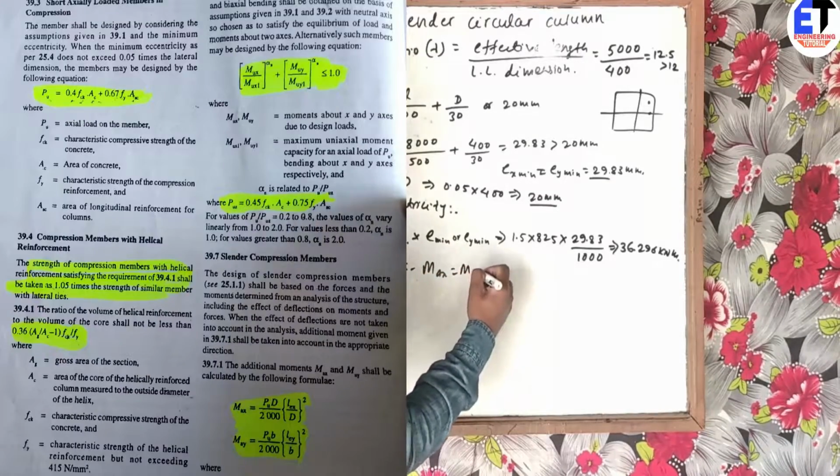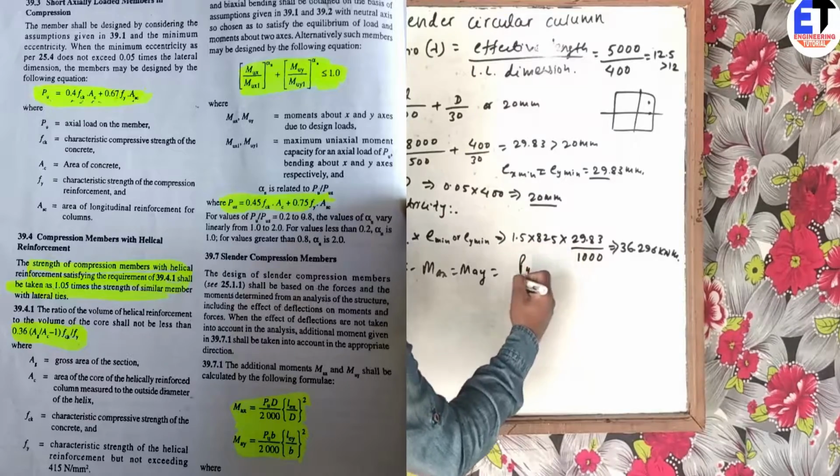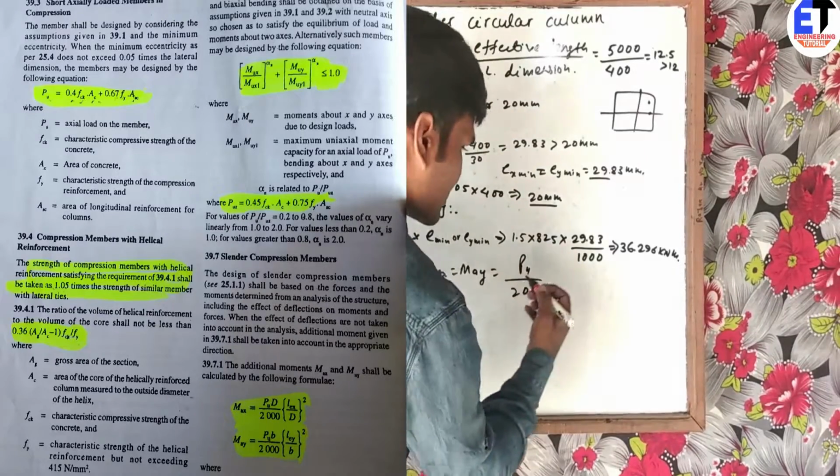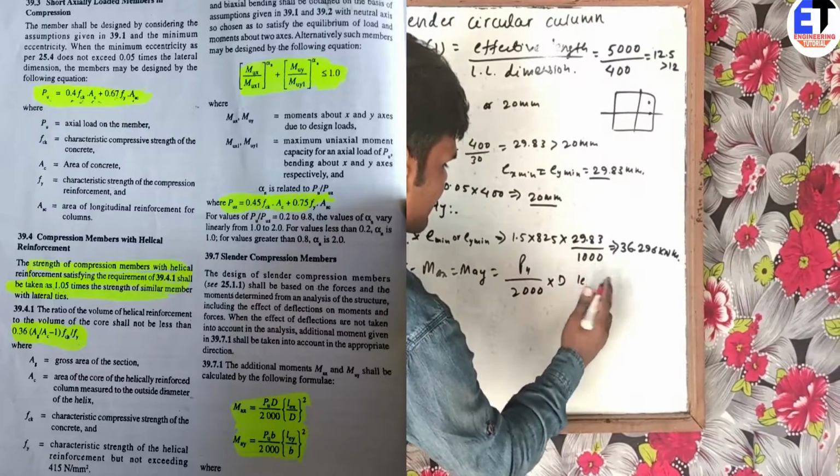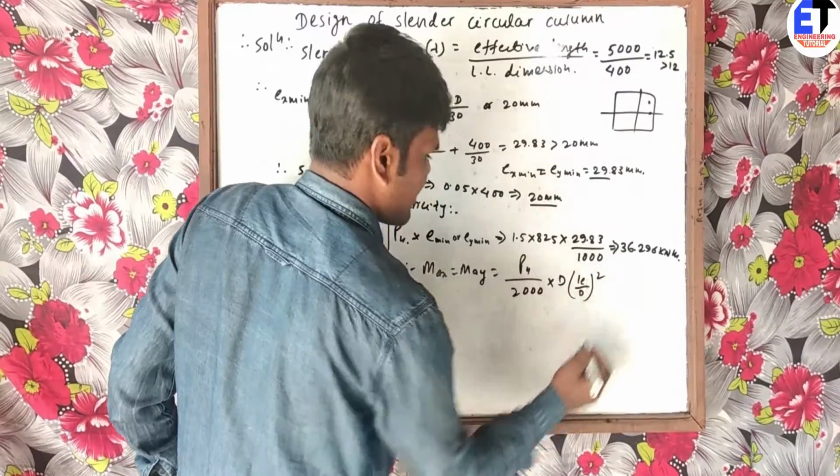The IS code has told us that Max is equal to May is equal to Pu divided by 2000 multiplied by D, (Le divided by D) whole squared.